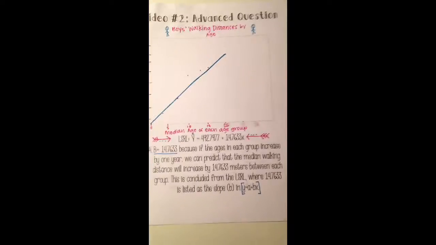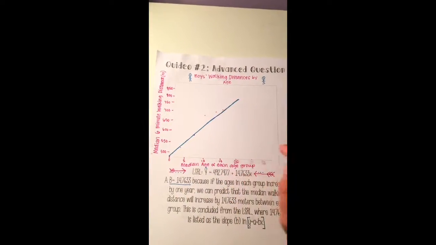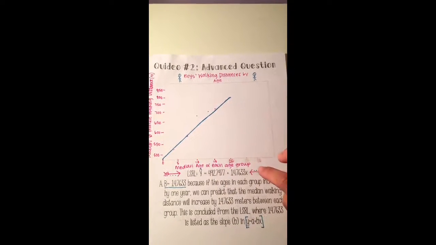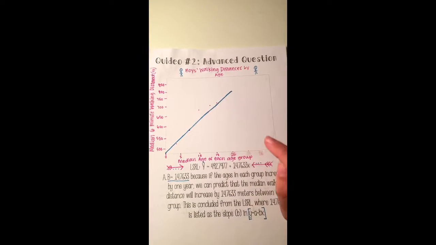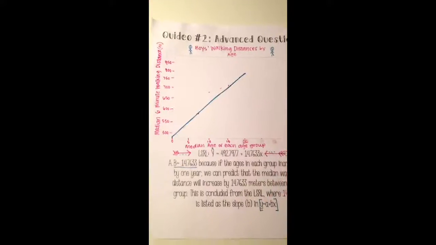So for my graph, I plotted the midpoints for each of the age groups instead of using the ranges, because that would be more exact and it would make finding the least square regression line easier.